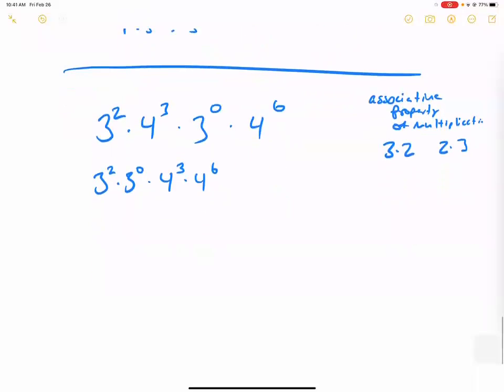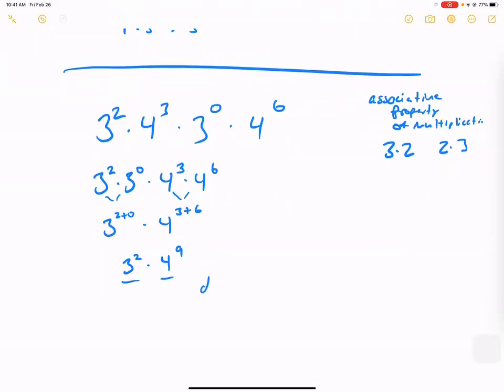And since I'm multiplying exponents, we're just adding them. 3 to the 2 plus 0 times 4 to the 3 plus 6, right? Because we said we can combine them by adding exponents. So the answer is 3 squared times 4 to the 9th. Can I combine the 3 and the 4?